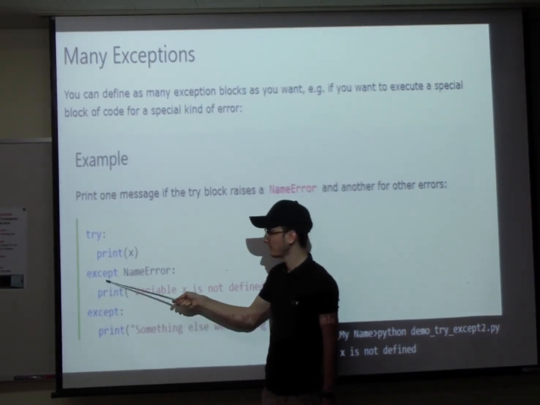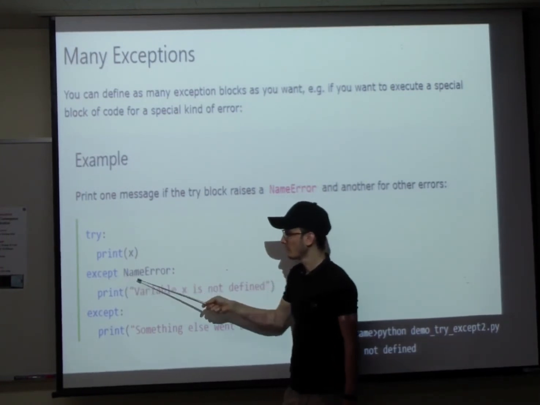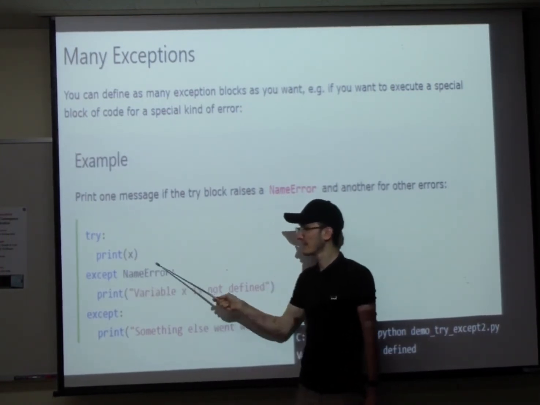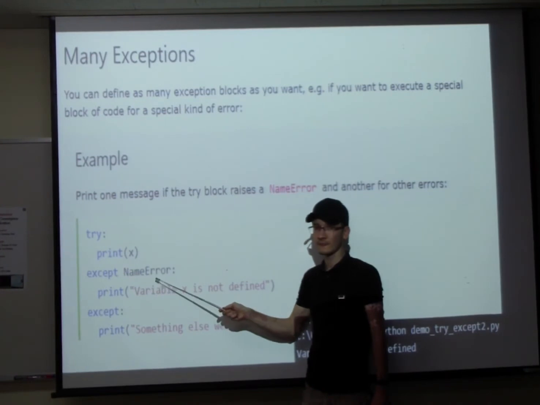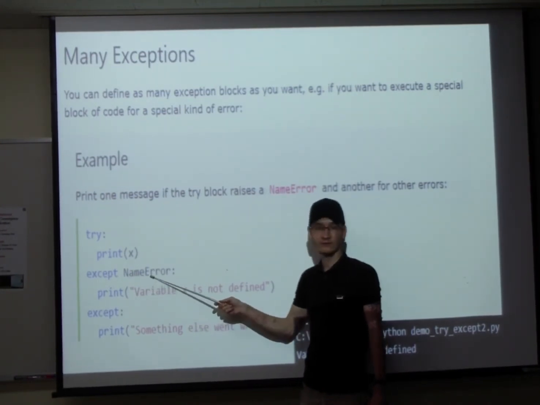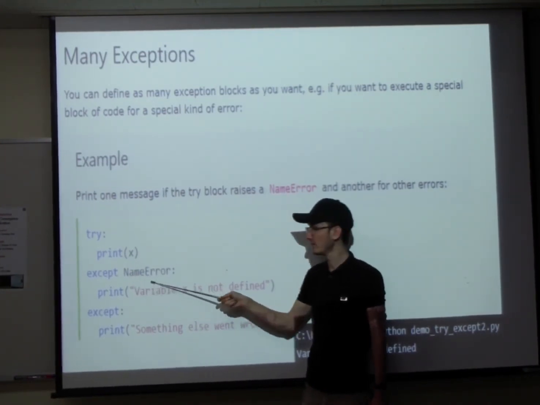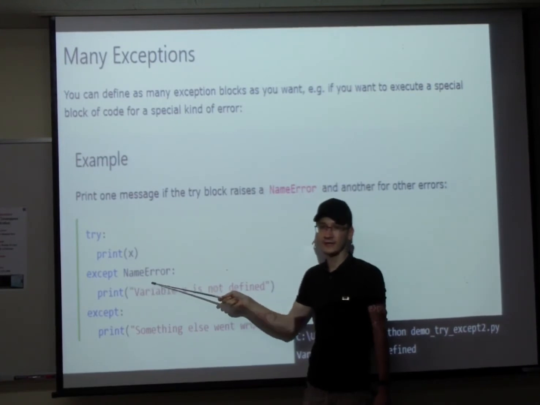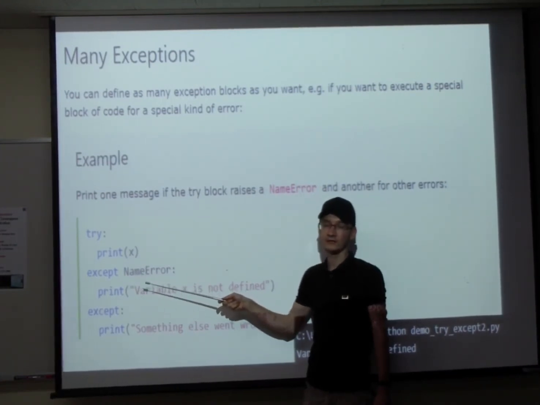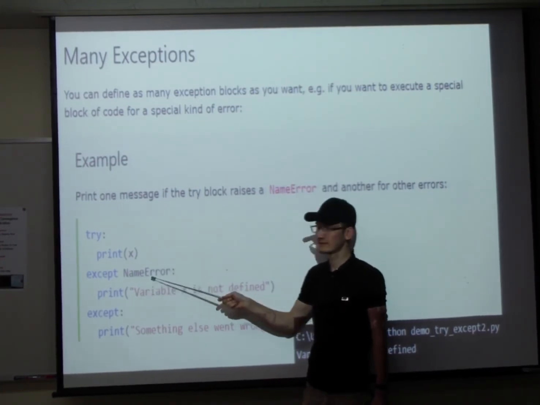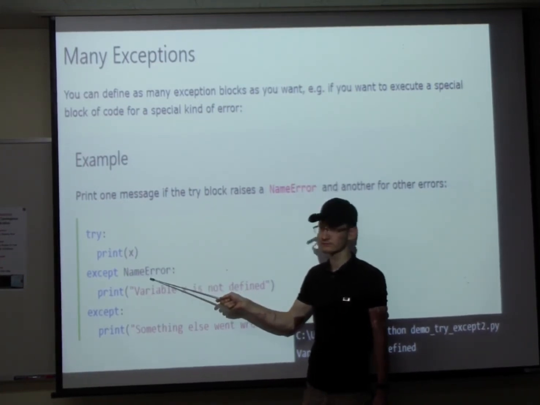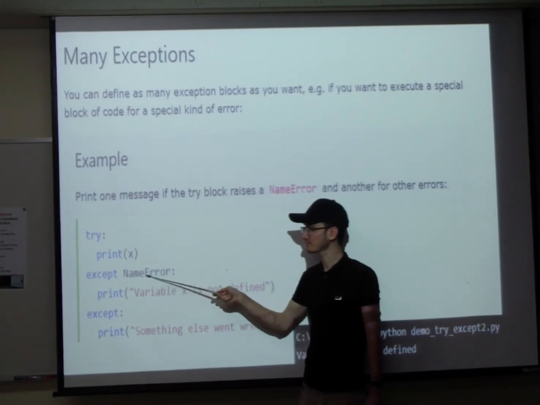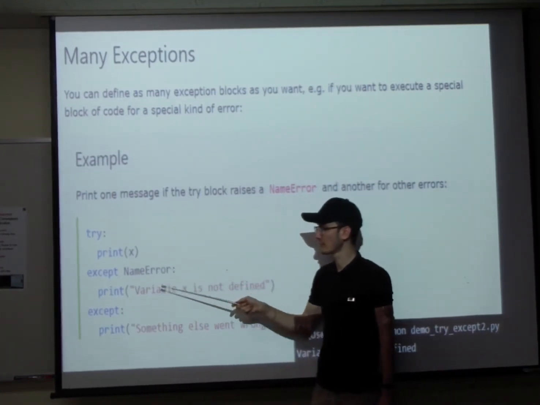In the first except block, we are giving the name of the error. We have name error, zero division error, many kind of errors. You can put the name of the error after except, and you put two dots.